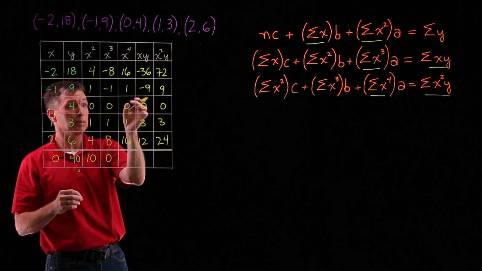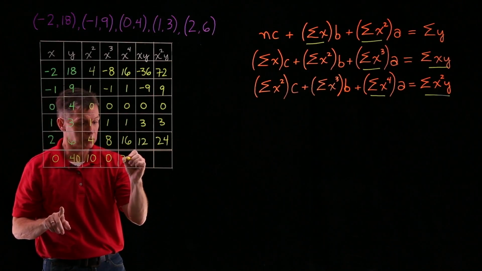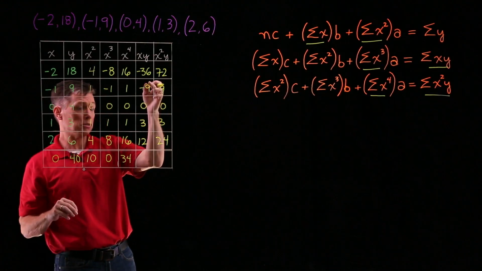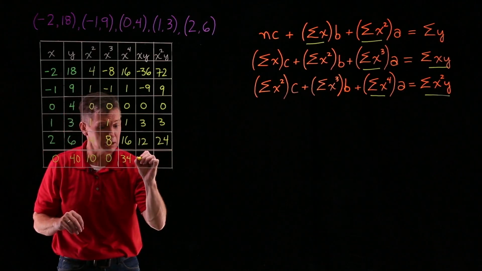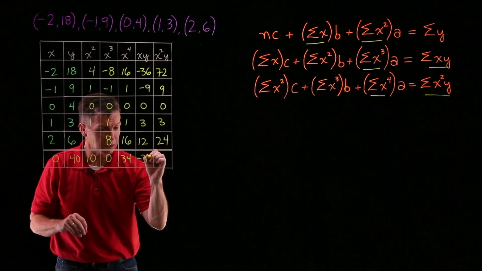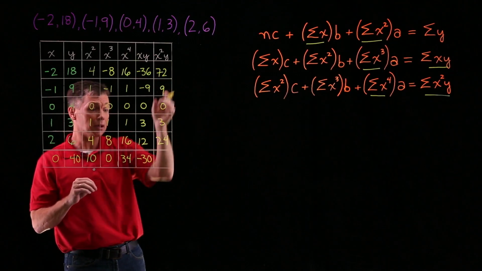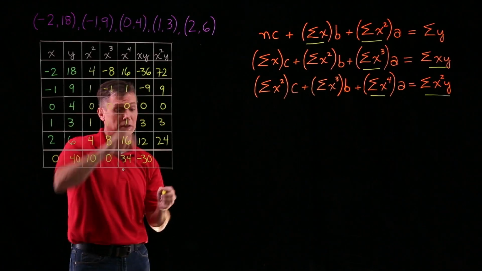Add this column up. Looks like two different 17s. 34. Adding this column up, 45 and 15 is 30. Can always grab a calculator for these. Negative 30. Adding this last column up: 96, 105, 108.